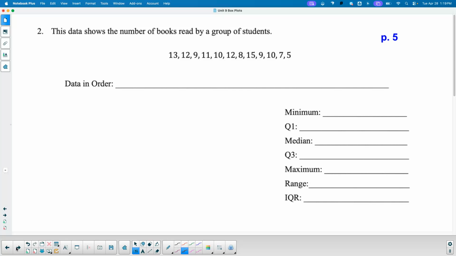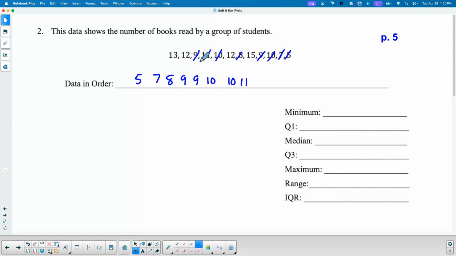This data shows the number of books read by a group of students. First thing that we've got to do is put our data in order. Okay? Smallest, 5. Next smallest, 7. 8. 2 9s. 2 10s. 11.